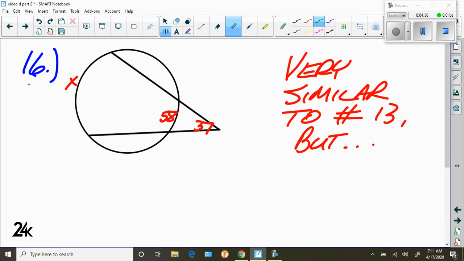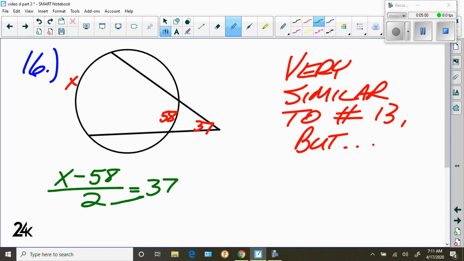Number 16. This is very similar to number 13, but the letter x is out here this time instead of inside there. Okay, so it's still a subtract problem because the angle's on the outside. So it's big minus small divided by 2 equals the answer 37.